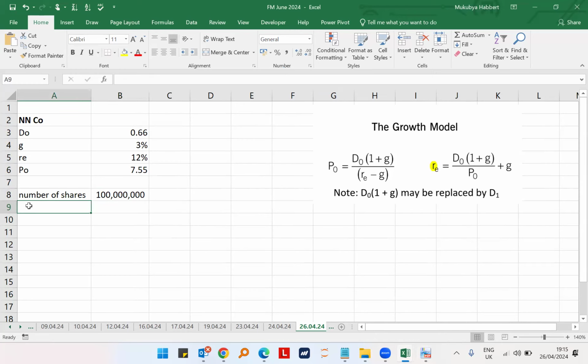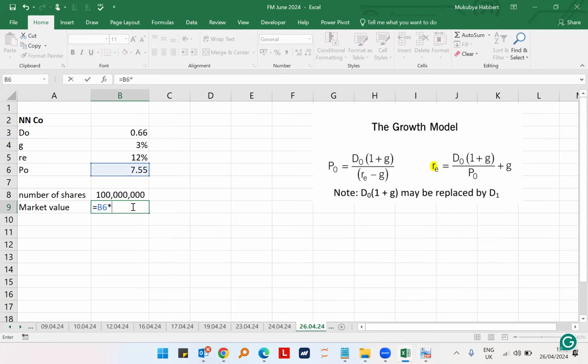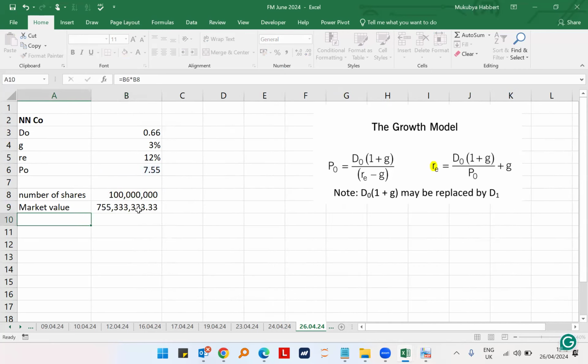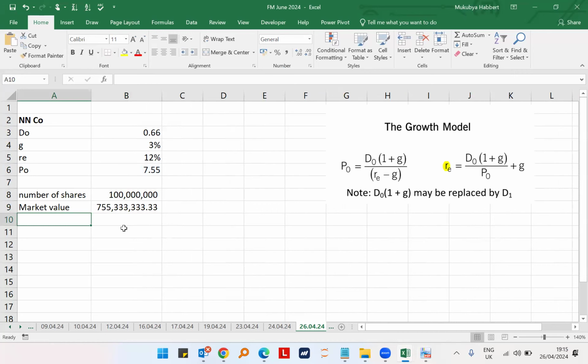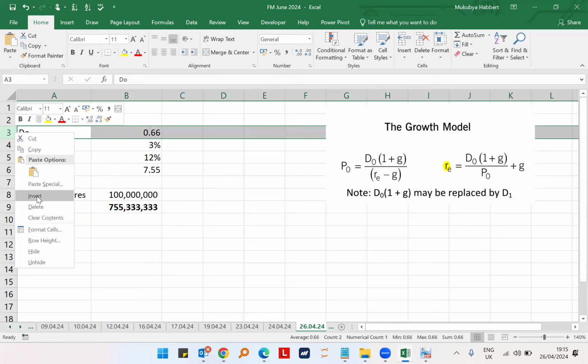So the market value will be 7.55 multiplied by 100 million shares, which gives us 755 million. So this is using the dividend growth model.